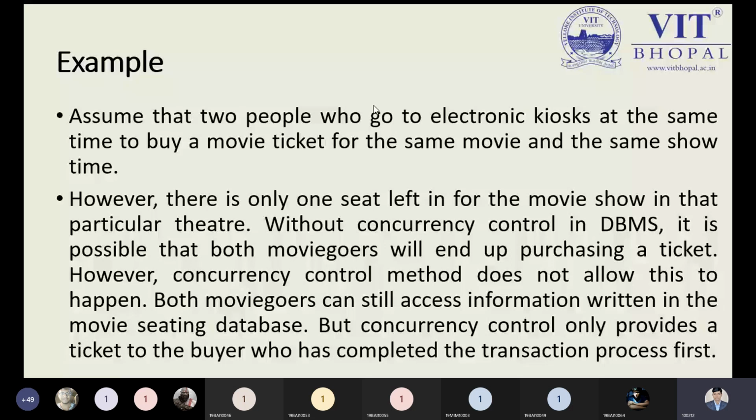The system will see which request is coming from which person, you or your friend. The request which comes first will be counted first. So concurrency control will see that the request came from your side first instead of your friend's, and you are able to book a ticket.